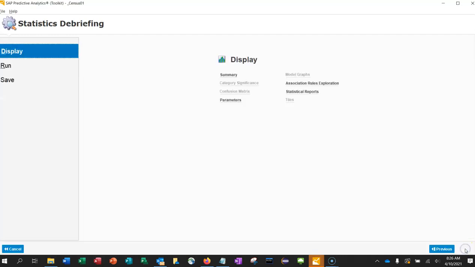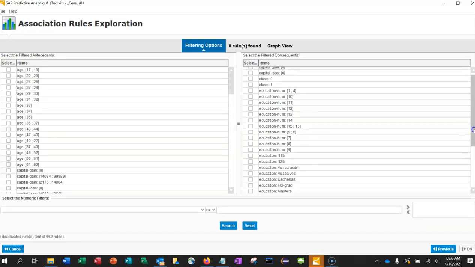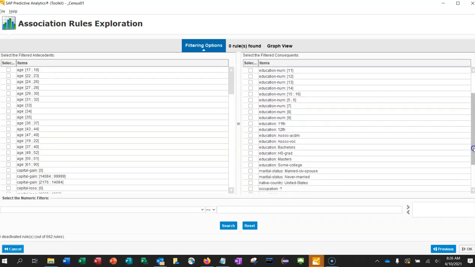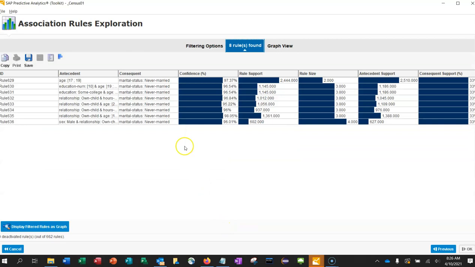So we go here, we go to association rule explained, and we might want to know who exactly are these people who are unmarried in this data set. Many of them do not lead to much that is interesting. So we do search, and this is the output. This is the consequent, never married. The antecedent is somebody between 17 and 19 years of age.